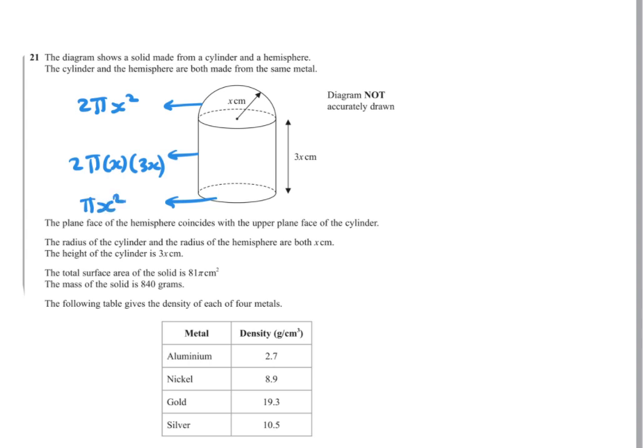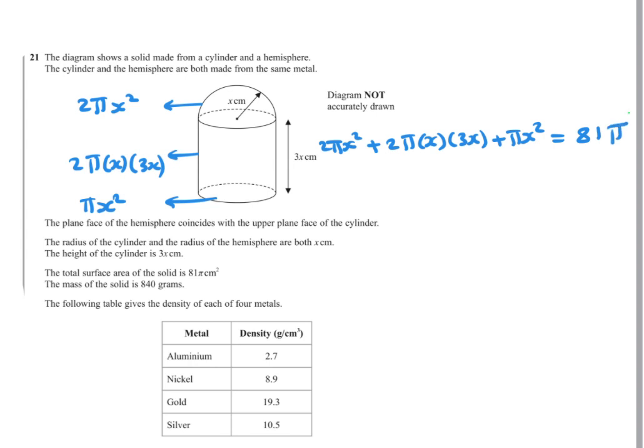So add them. 2 pi x squared plus 2 pi x times 3x plus pi x squared equals 81 pi.